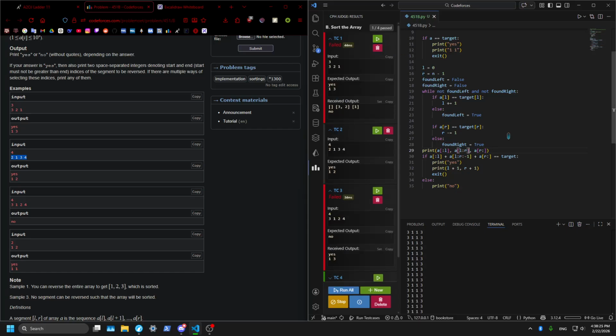3, 2. And then like this. 2, 3. To R plus 1. 1, 2, 3.